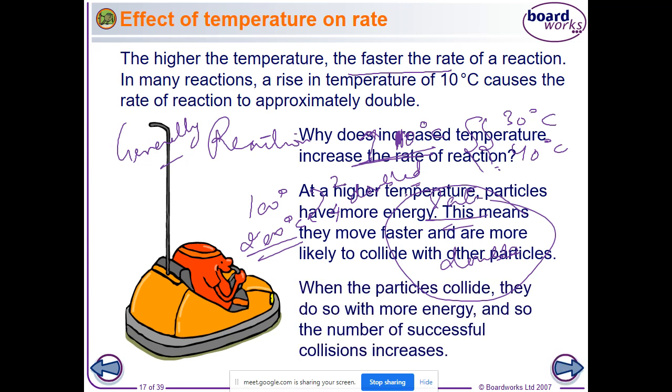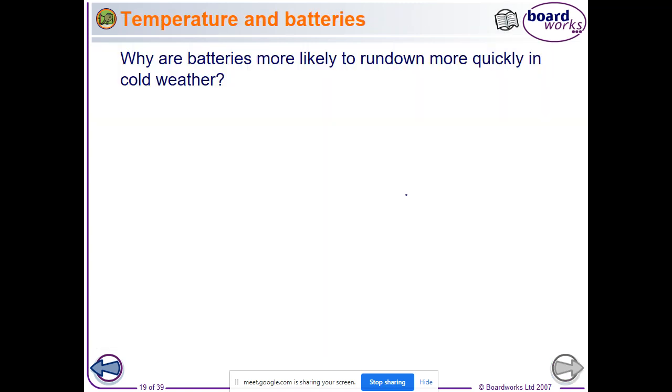Next. When the particles collide, they do so with more energy, and the number of successful collisions is going to increase. Why are batteries likely to run down more quickly in cold weather? Do you know this reason? Yeah, because due to the cold weather, the temperature is really low, so the reaction that will happen is slow.